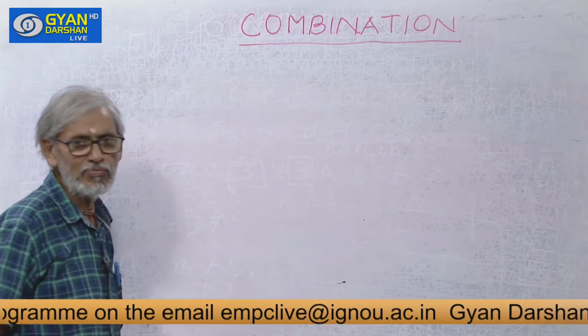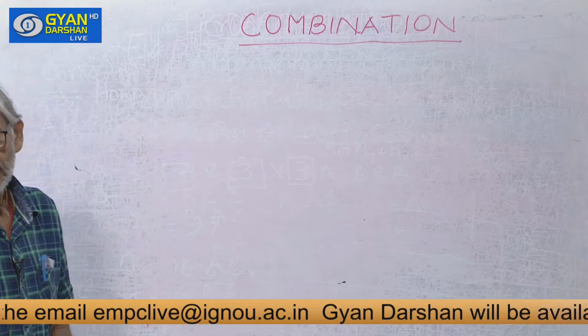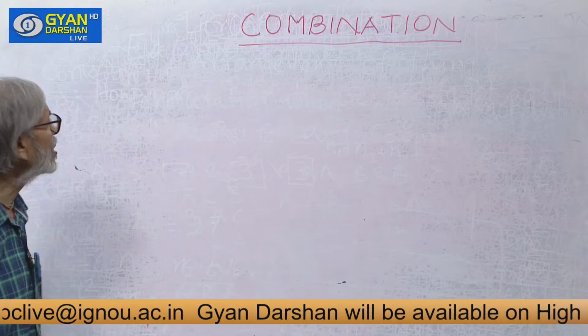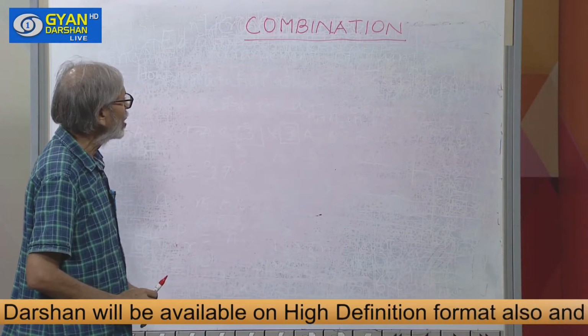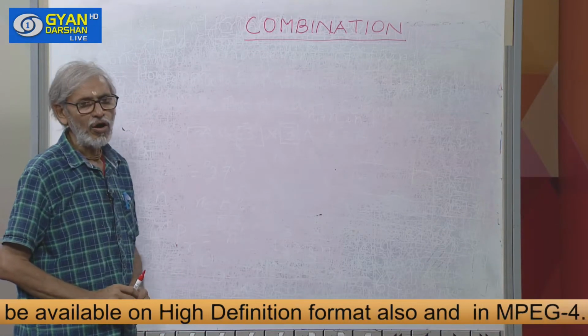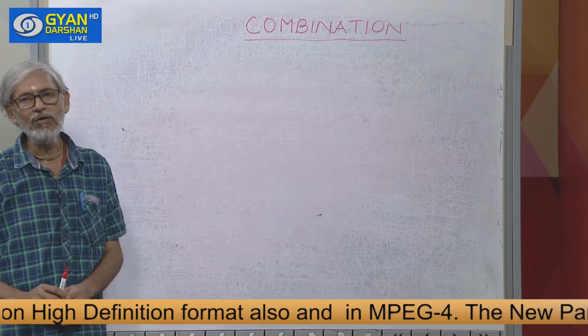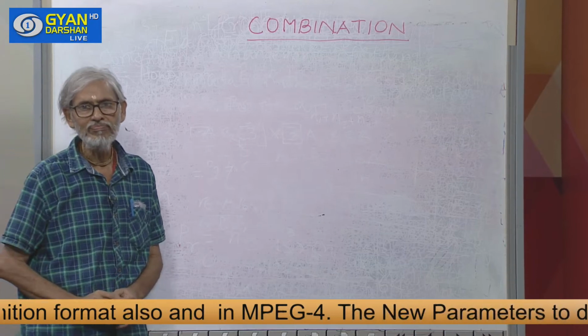Last time we discussed permutation and this time we are going to discuss combination. What is the difference? In combination, order does not matter, order is not important.